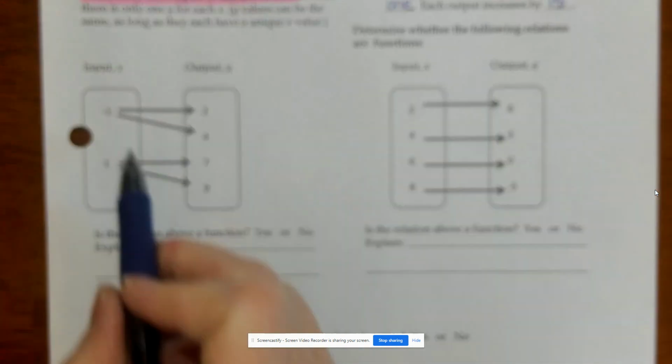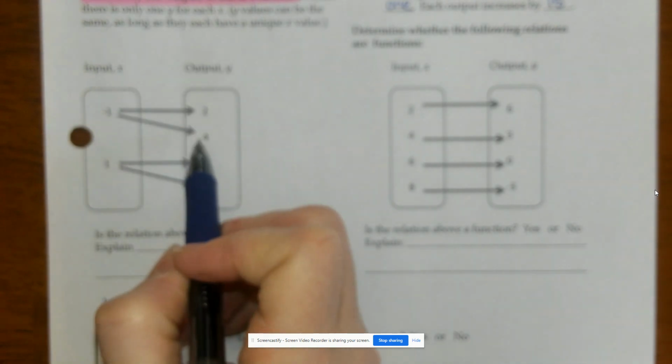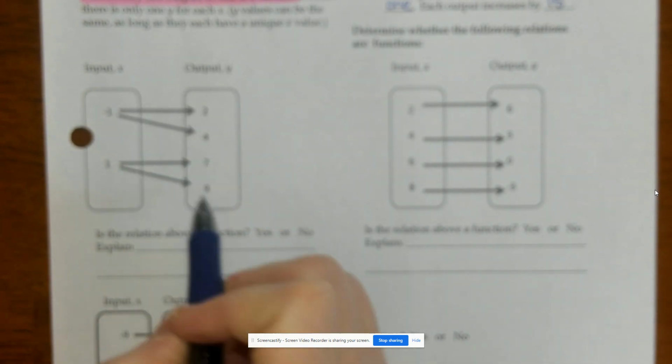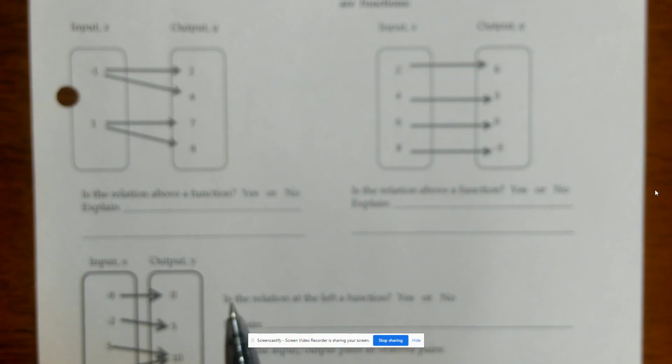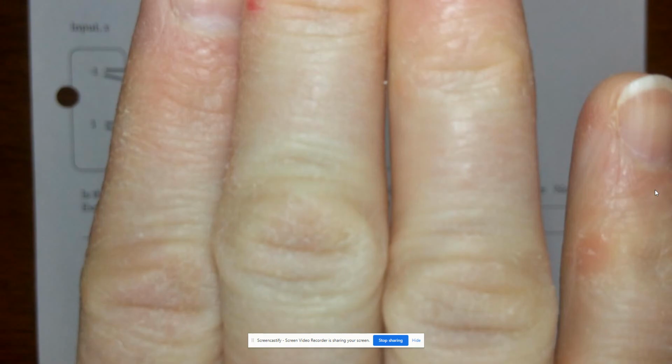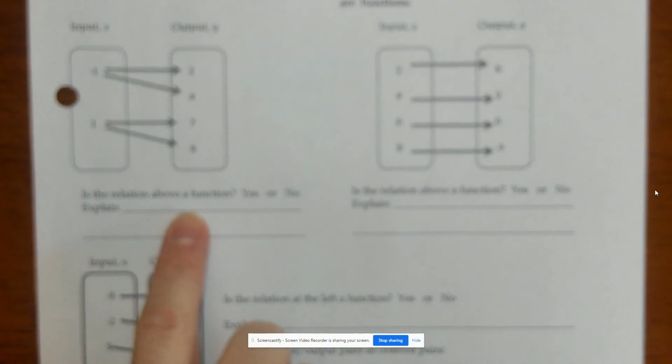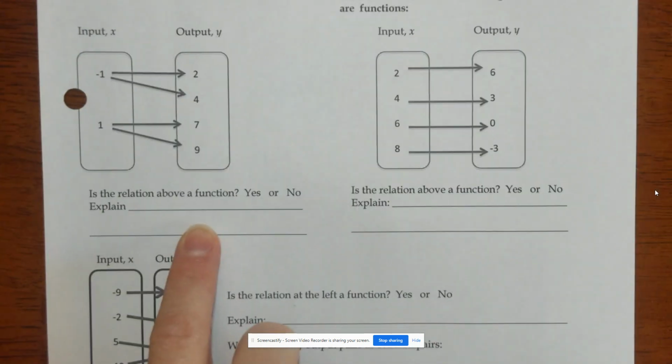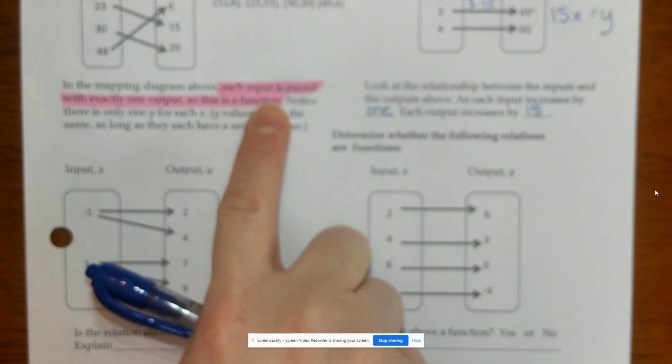I then have here an input of -1 could be an output of 2 or 4. An input of 1 could be an output of 7 or 9. Is the relation above a function? Yes or no? And we would say in this case, is each input paired with exactly one output?